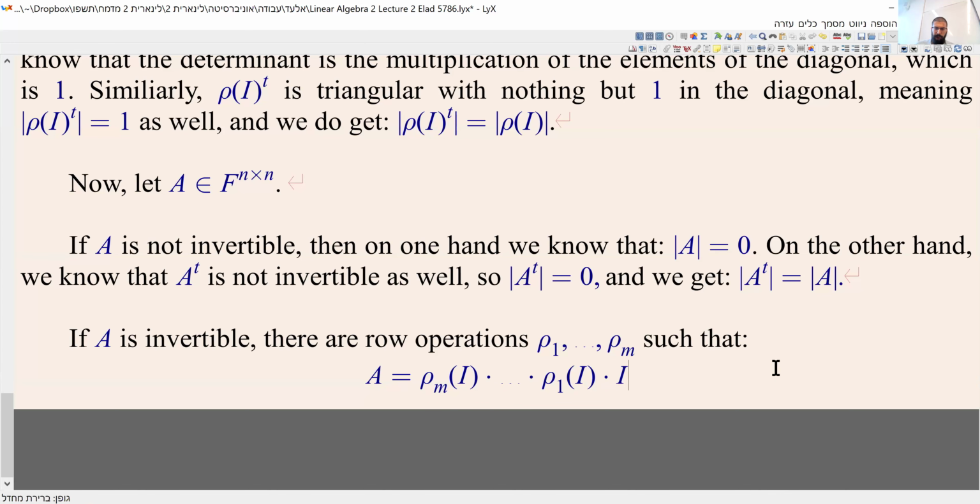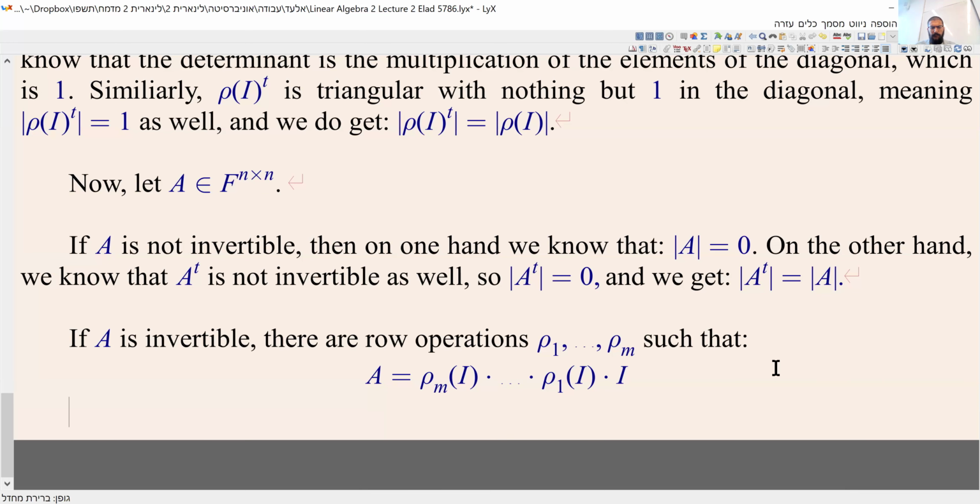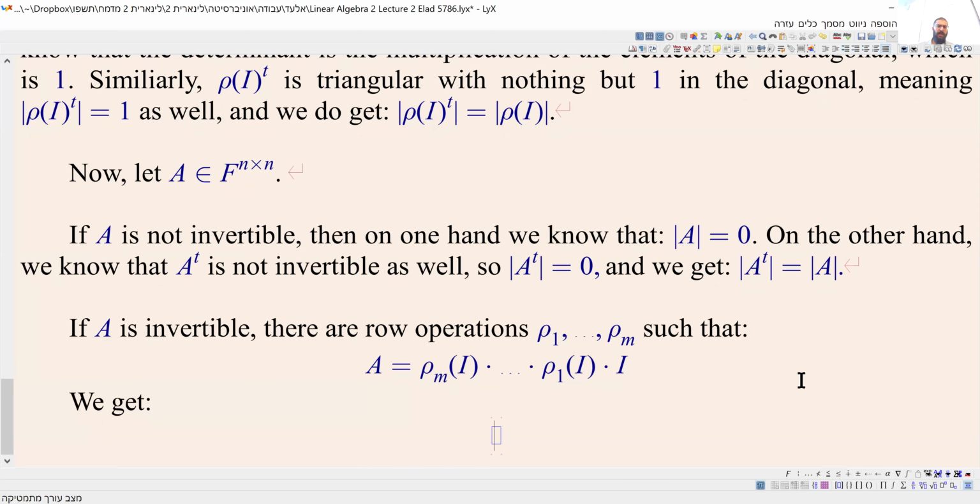Now, what we get when trying to calculate the determinant of A transpose is the determinant of all this nice, beautiful multiplication, I suppose.